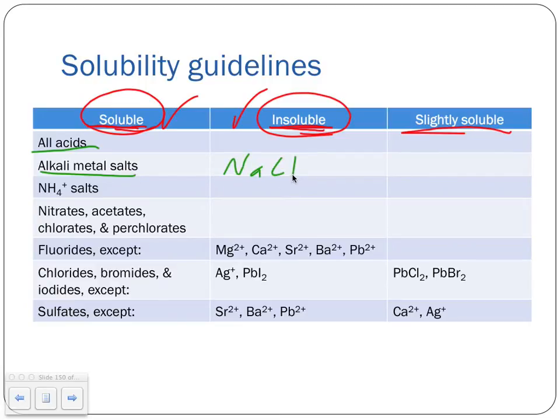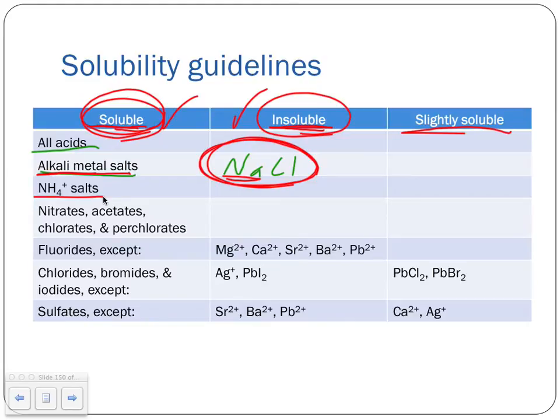Na, sodium here, is an alkali metal, and because it has sodium as its cation, that is an alkali metal, this is our alkali metal salt, the whole thing. And so that would be soluble because alkali metal salts are soluble in water. Next one we have here are ammonium salts. When we say ammonium salts, we're basically talking about compounds that have ammonium as a cation. So if the cation is ammonium, it's going to be soluble in water.